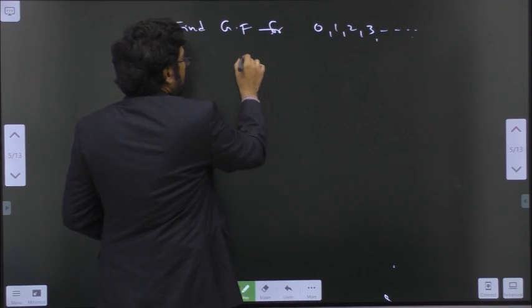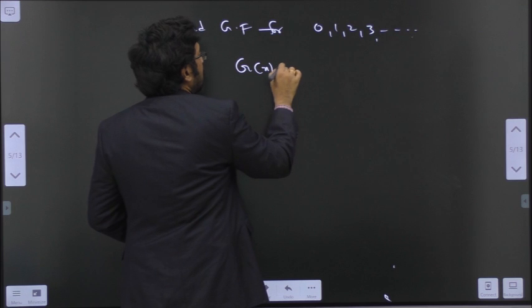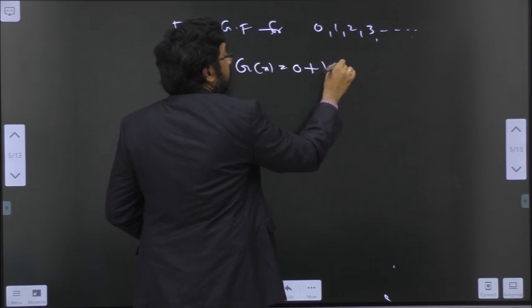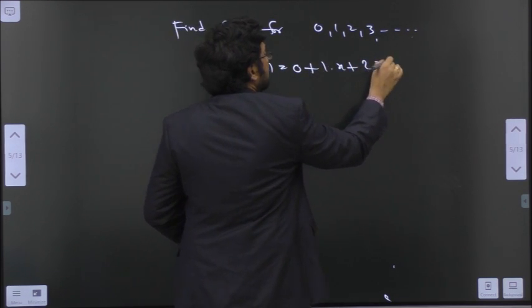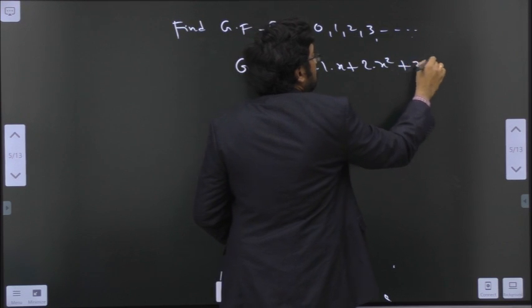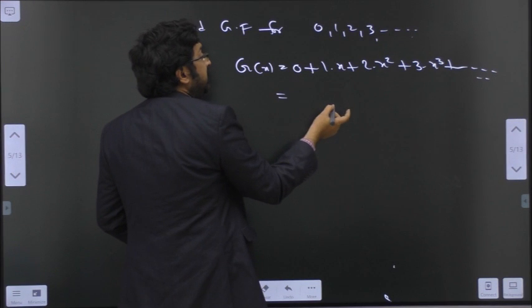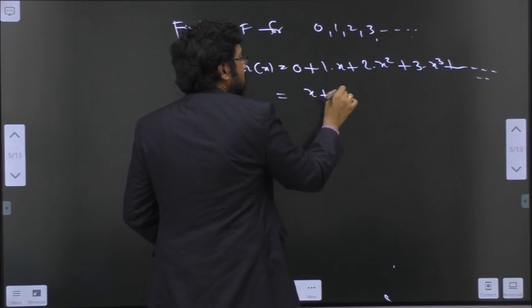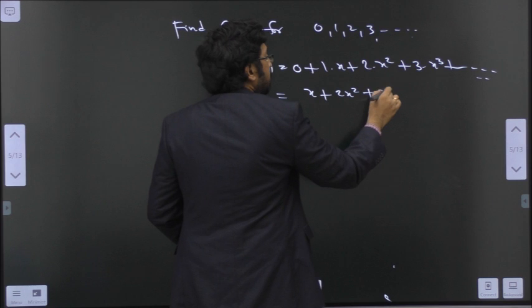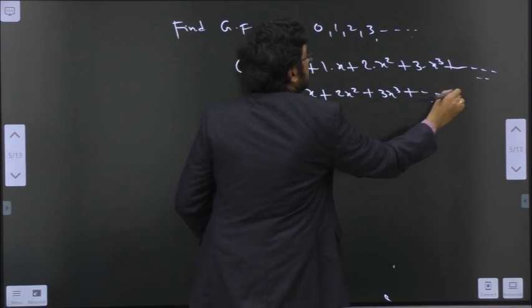So we can write g of x as 0 plus 1 into x plus 2 into x square plus 3 into x cube plus and so on. So it is equivalent to x plus 2 into x square plus 3 into x cube plus and so on.